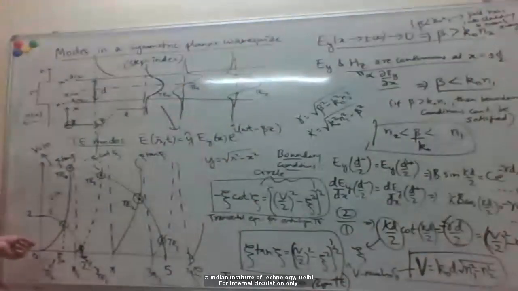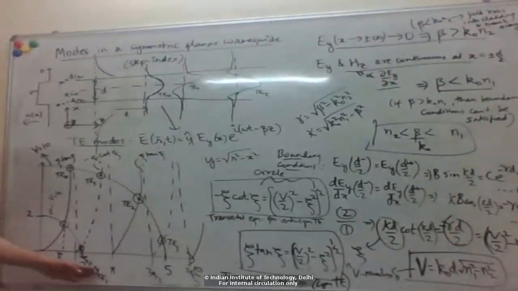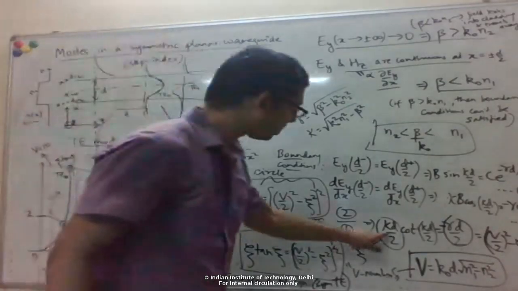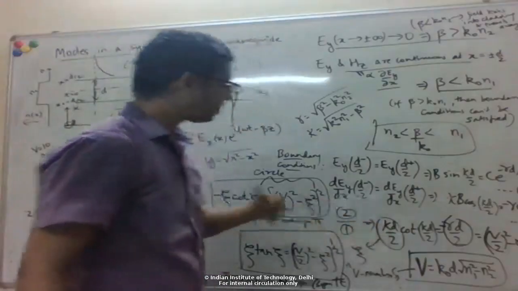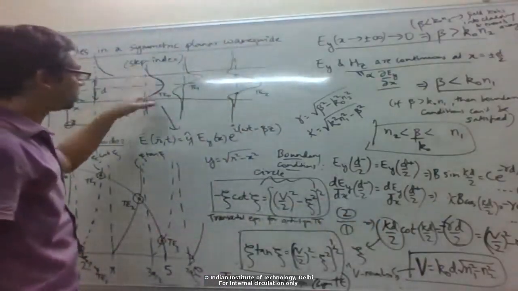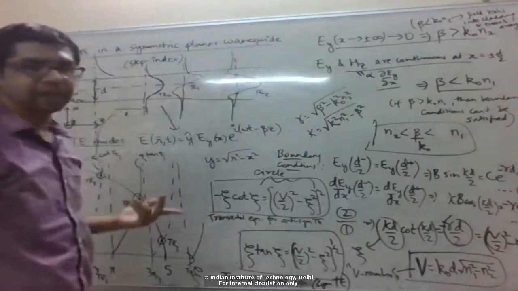Right, so what is happening here? You can see that for the higher modes, as the m, so TE sub m, as the m increases, the kappa for that mode is increasing. So kappa is increasing, and you know the mode in the core, for the even one, is cosine kappa x, right?